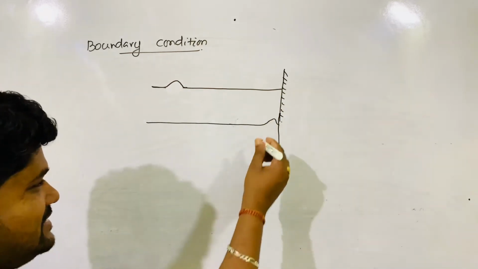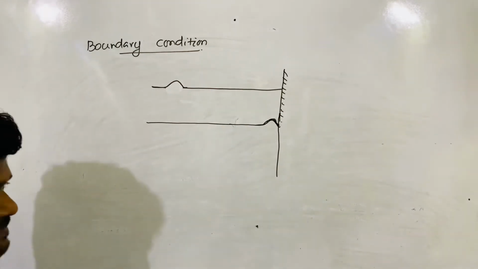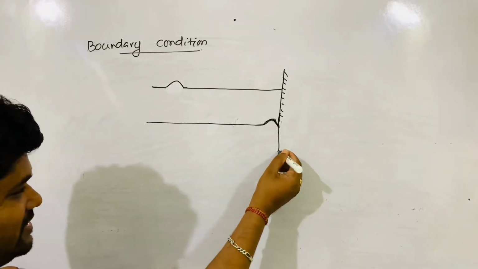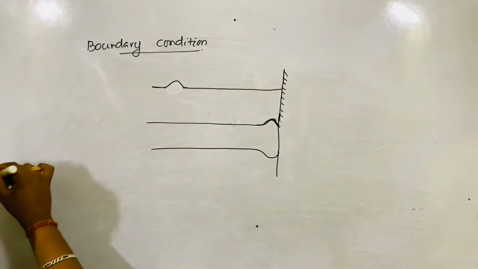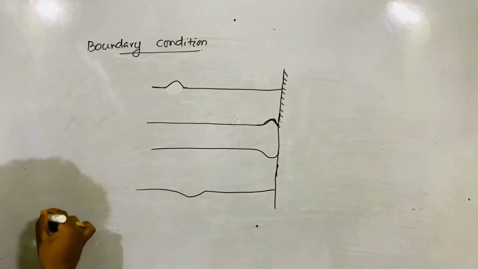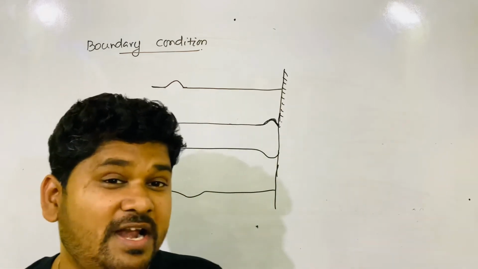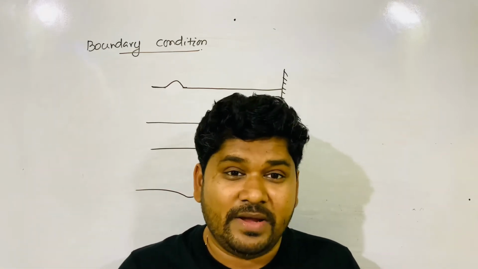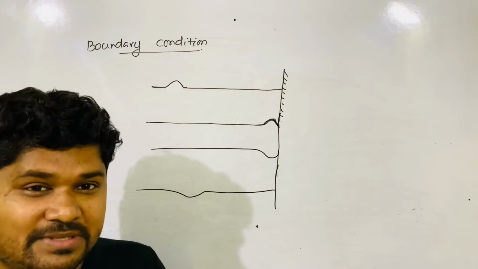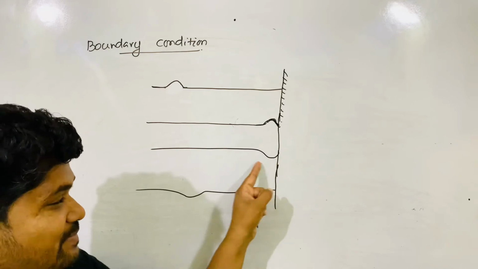When it touches the rigid boundary, it gets reflected from there. What will you get from there? When the crest touches, the trough starts from there. After some time you will see the situation like this. So what is the important line you will write? When a wave gets reflected from a rigid boundary, what is the phase difference between the incident wave and the reflected wave?